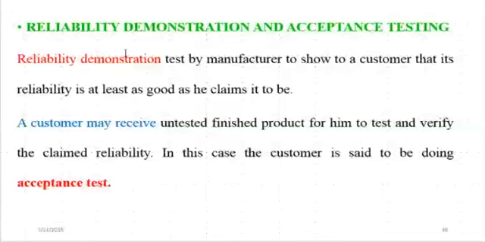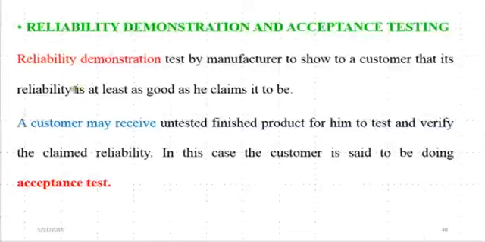Now, there is what we call reliability demonstration, and there is what we call acceptance testing. Reliability demonstration is a test that a manufacturer of any product carries out in the presence of customers. He carries out this reliability demonstration in order to convince them that the amount of reliability he said the product has, it really possesses.